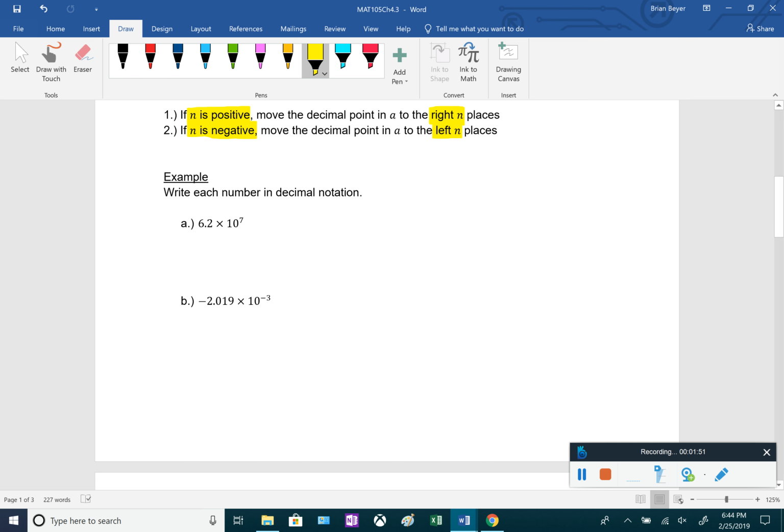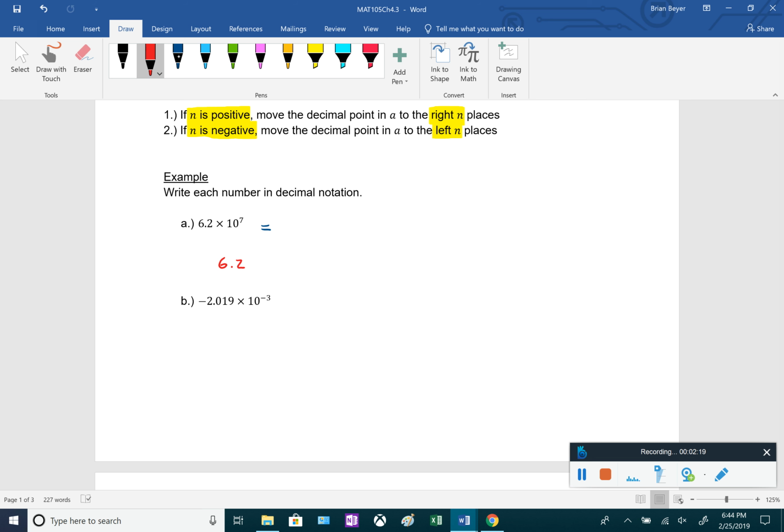So let's do this first example here. We have 6.2 times 10 to the 7th. This essentially means 6.2 times 10 million. 10 to the 7th is 10 million if you expanded it out. So I'm going to start with 6.2.